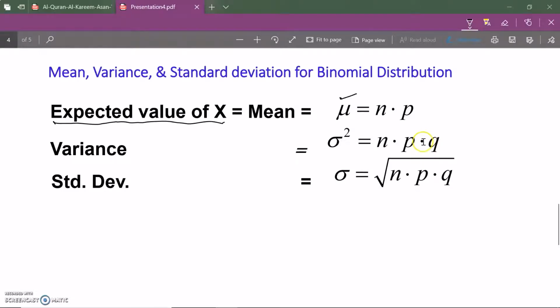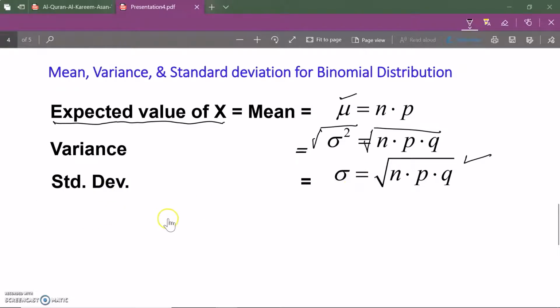This dot is a multiplication, and it is represented by the Greek symbol sigma squared. That's the variance. And what is the standard deviation? Standard deviation is a square root of the variance. You take the square root of n times p times q, and that's sigma, which is the standard deviation.